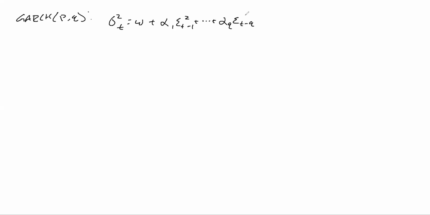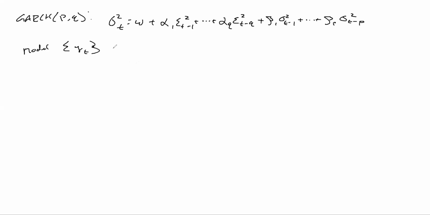So t minus Q, Q many lags in the error term squared, then plus our beta 1 multiplied by the previous value of our variance, plus all the way to beta P, P many lags of our variance.